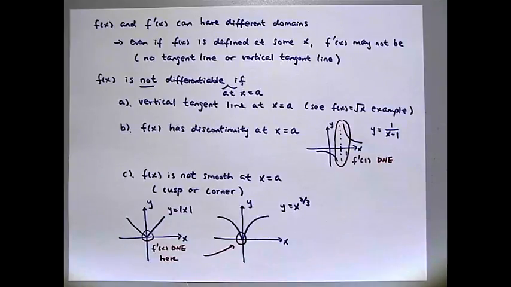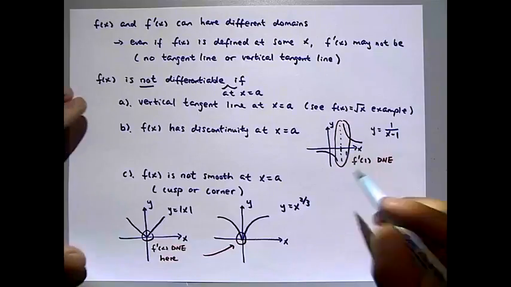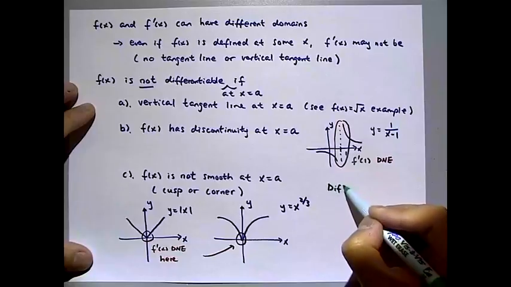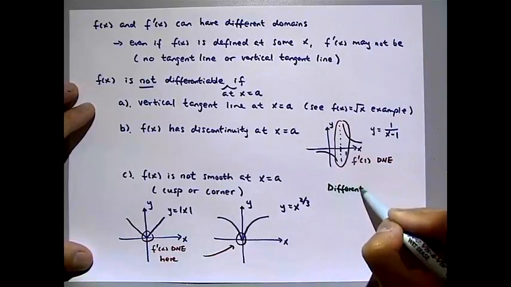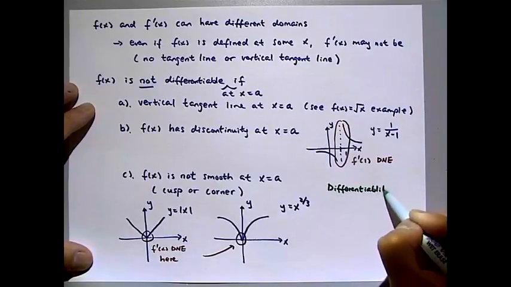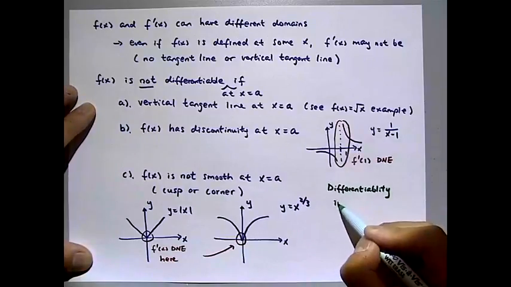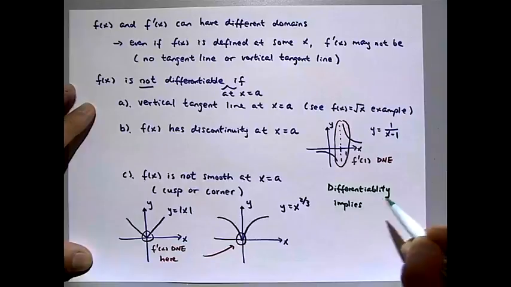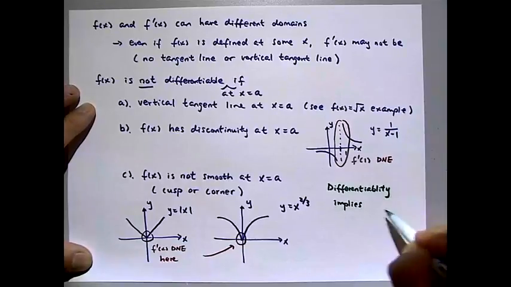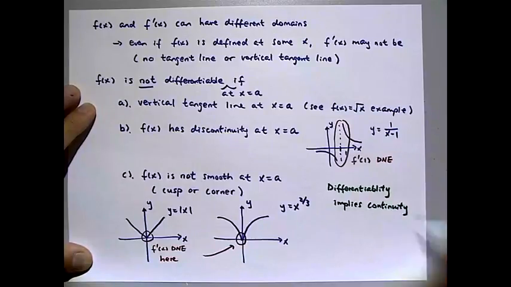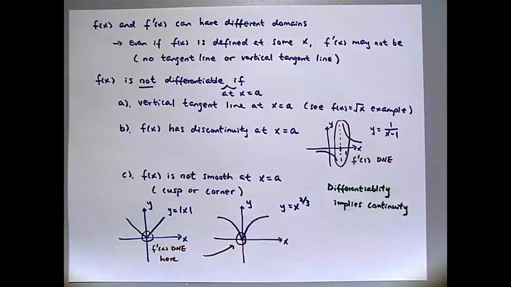Okay, one last thing before we end here. This is kind of important. If you know something is differentiable, if you know f prime exists, then you know f must be continuous there. So, a more concise way to say that is differentiability implies continuity.